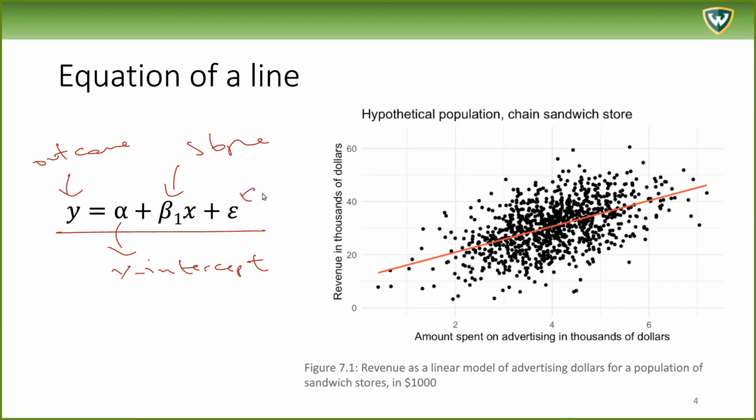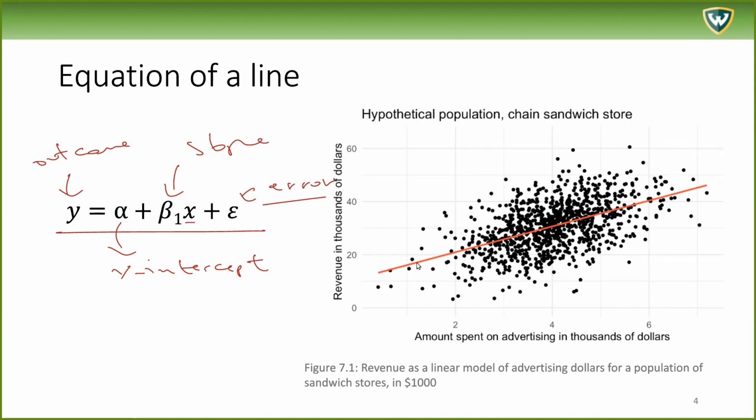And then we also have the error term, which we won't really talk much about in this class, but it helps us identify the unexplained variation that is not really captured by the line itself. So let's just focus on these other three terms though: the y, the outcome variable, the y-intercept, the slope, and then just the x value.